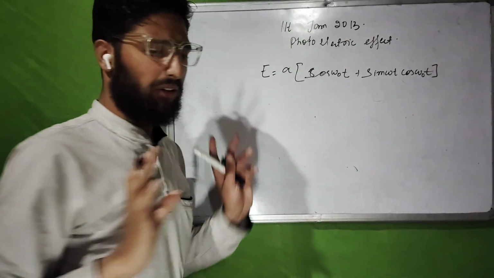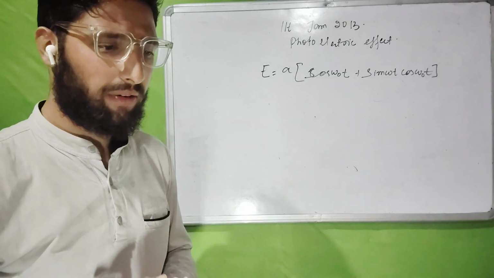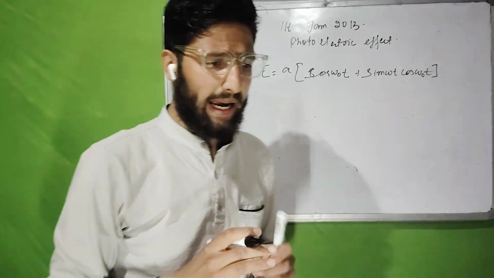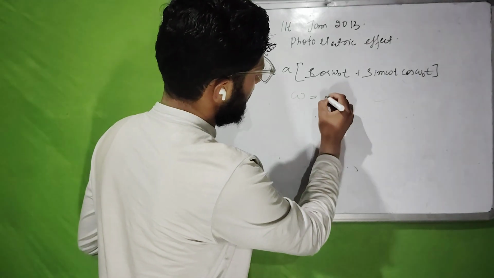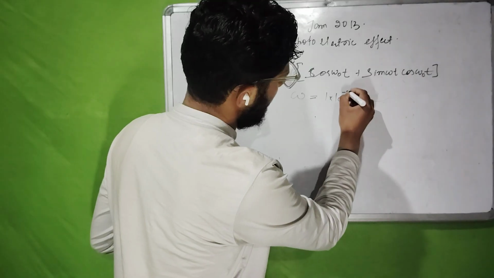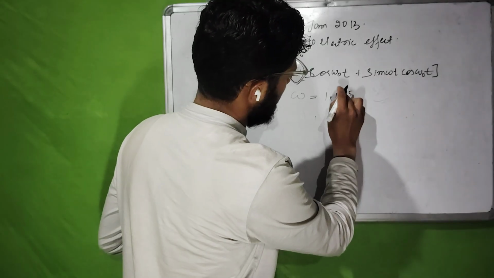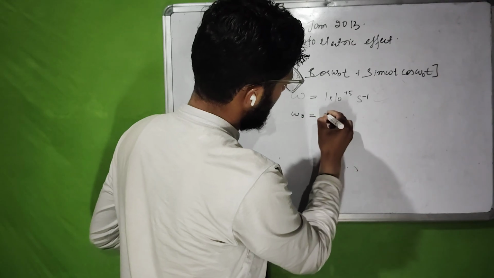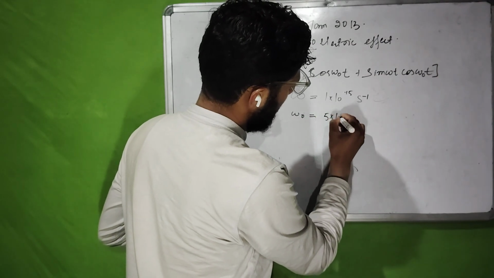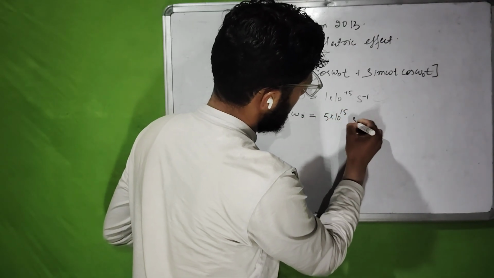This was our electric field component. And we were also given omega is equal to 1 into 10 to the power 15 per second, and omega naught was given to be 5 into 10 to the power 15 per second.